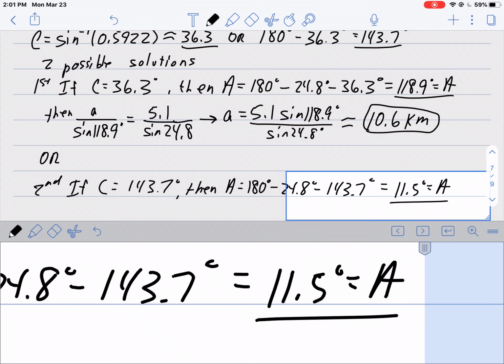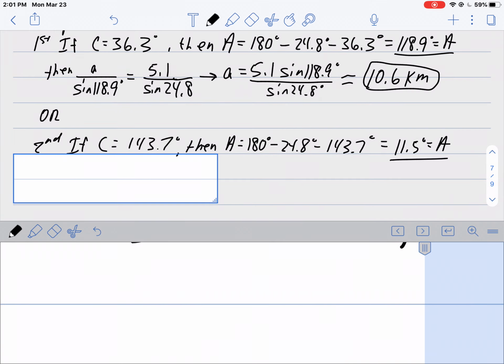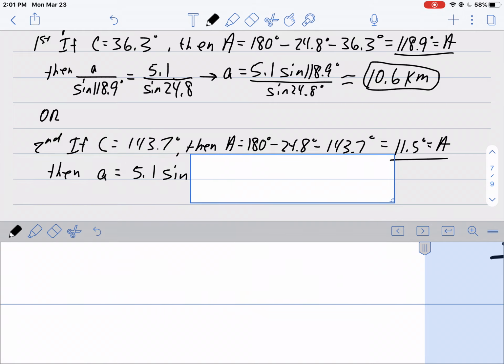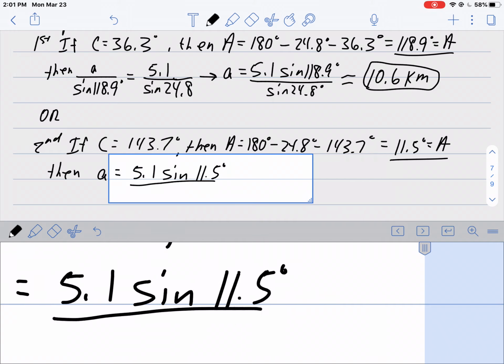Okay. Then, let's say we'll just change our angle there. So I have A equal to 5.1, and then just replacing our angle from 118.9 to 11.5 degrees over the sine of 24.8.